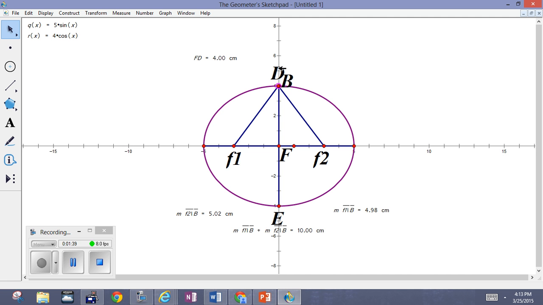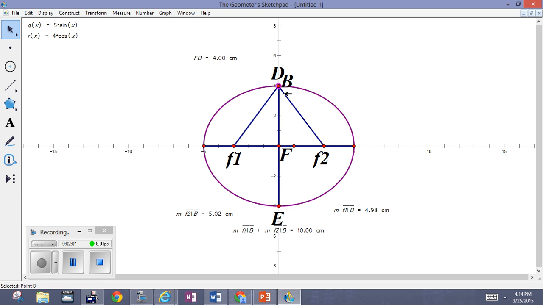The reason why I swing it around here is because now I can look at the right triangle, which is made with the segment GF, F and F1 or F and F2, and the hypotenuse. So what's the hypotenuse length?